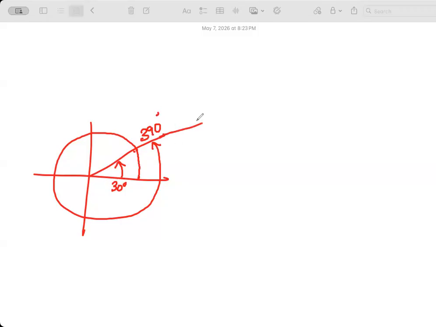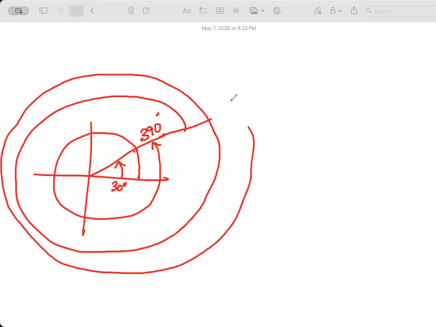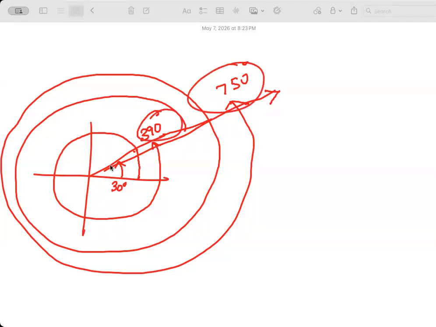Then again I go around and come back here: 360, 360, 720, and 720 plus 30 is 750. Makes sense. So that's why these are coterminal angles, because the ending terminal ray is the same for these angles, but their measures are very different.